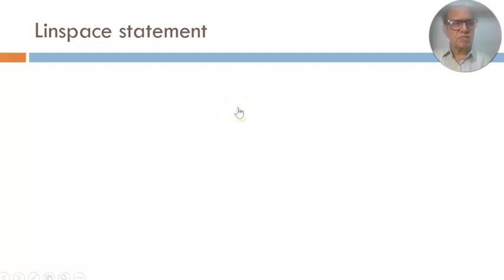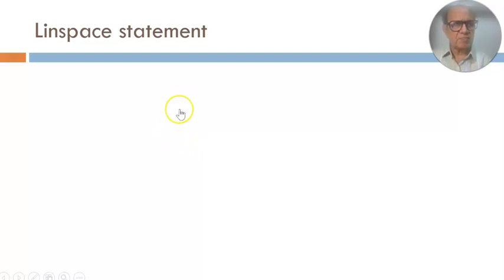Now see, whenever you want to generate intermediate points for a straight line, you need to write the equation for the straight line. If you have to write the equation, you need to know its slope, so you have to calculate the slope, you have to calculate the intercept, and then you can implement the equation for the straight line. But the linspace statement from MATLAB makes life somewhat easy for you, so you can easily generate all the intermediate points in a linear fashion.